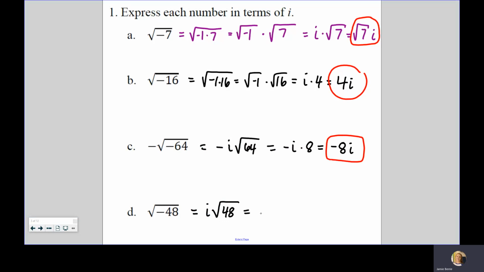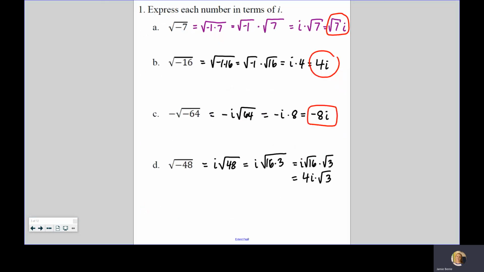You want to use the larger perfect square in the case where there is more than one perfect square factor. So i times the square root of 16 times 3. Split that up: i times the square root of 16 times the square root of 3. We know that the square root of 16 is 4. We'll go ahead and write that in the front: 4i times the square root of 3. And again, typically you'll see this with the i at the end. So we'll write 4 times the square root of 3 times i.